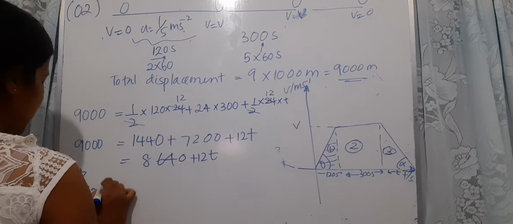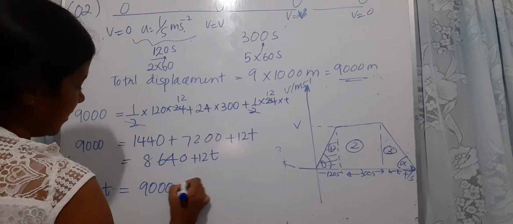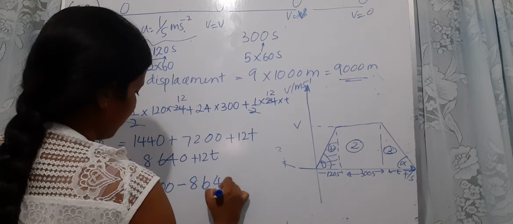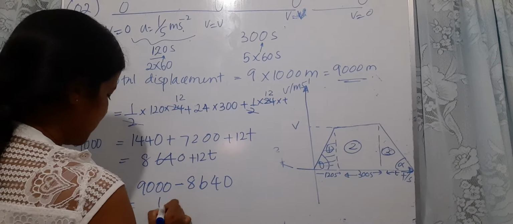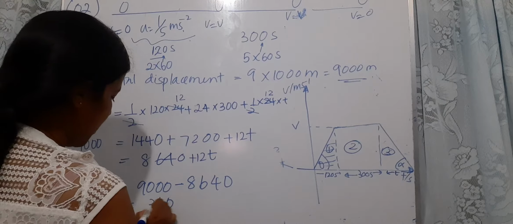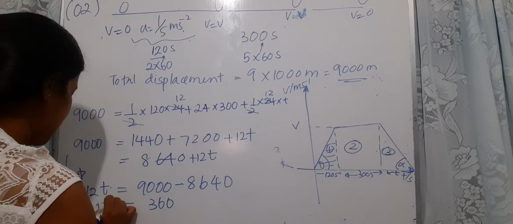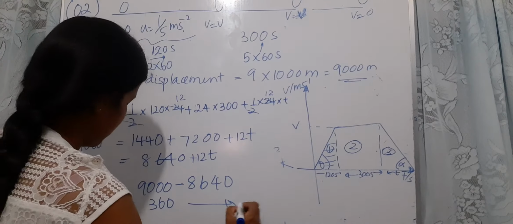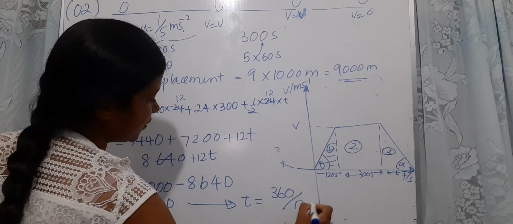Then 12t equals 9,000 minus 8,640. Then that value is here 60, 360, 12t. This gives t equals 360 over 12.